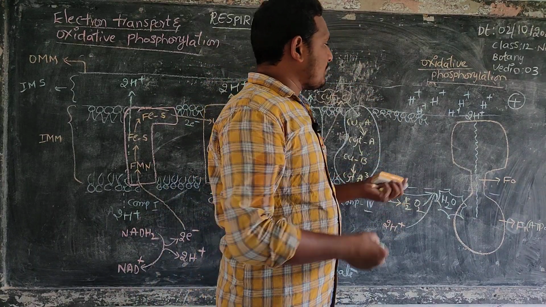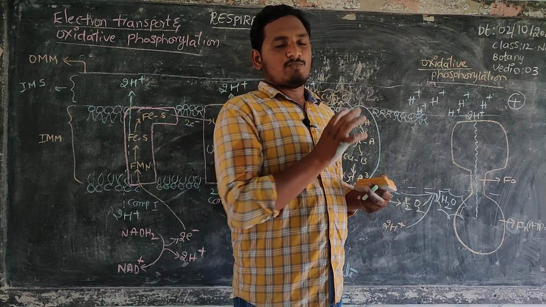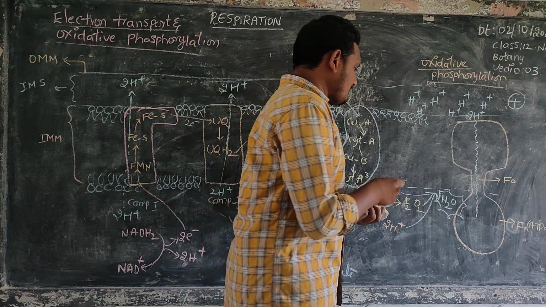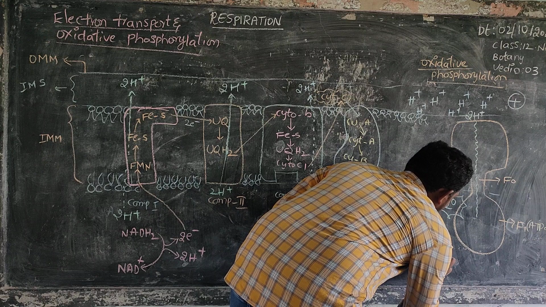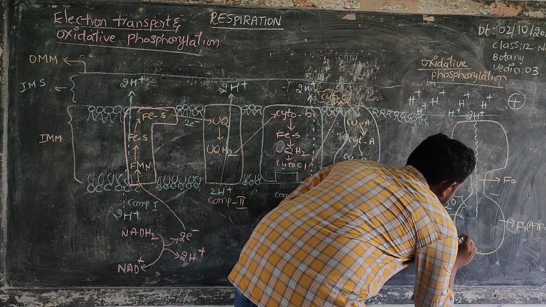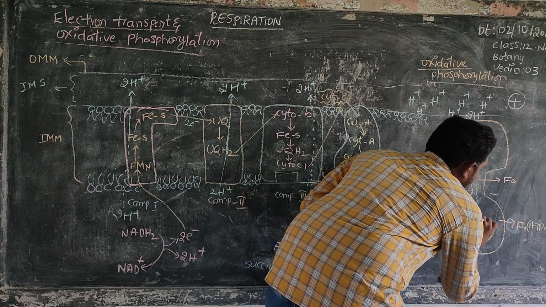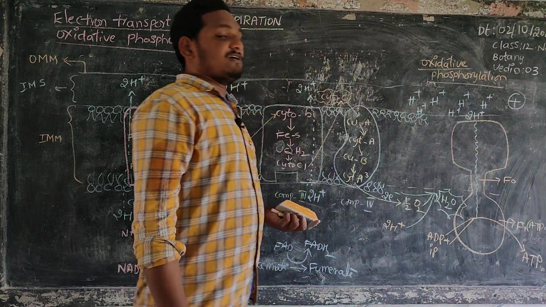During this time, the protons carry some energy. That energy is used for the combination of ADP plus inorganic phosphate. Adenosine diphosphate and inorganic phosphate are joined together to form ATP.